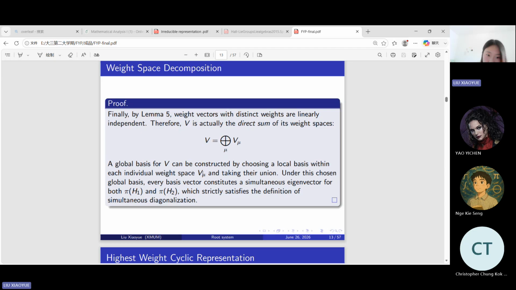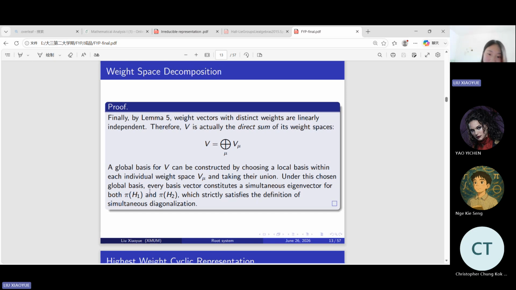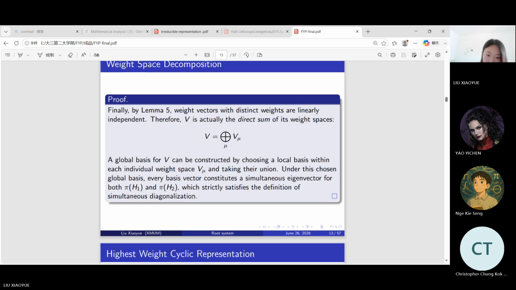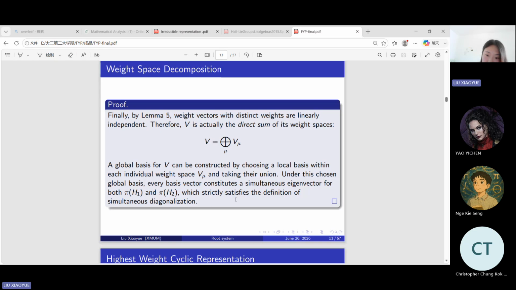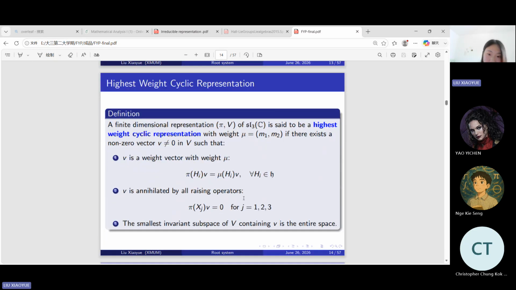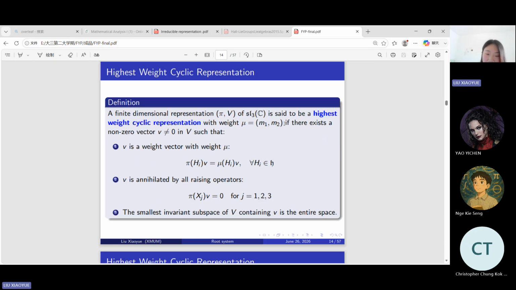Under this chosen basis, every basis vector is a simultaneous eigenvector for H1 and H2, which means they satisfy the definition of simultaneous diagonalization. Next, we define the highest weight cyclic representation.